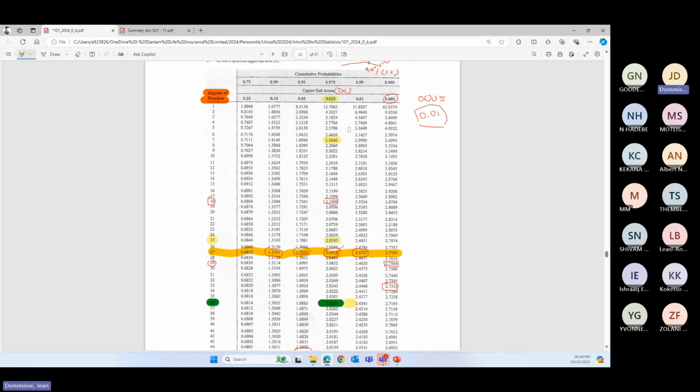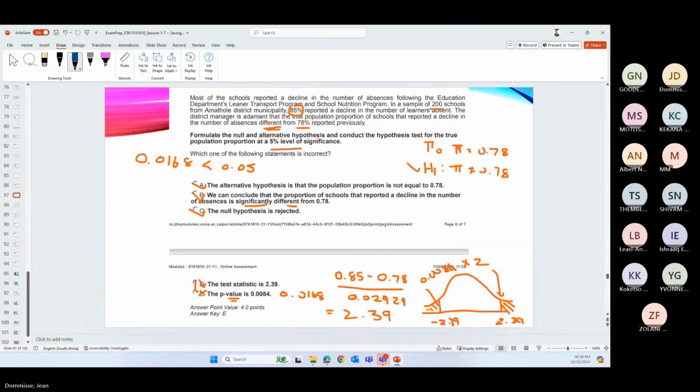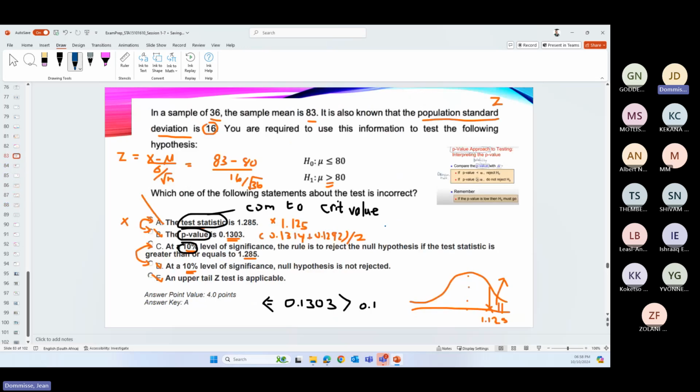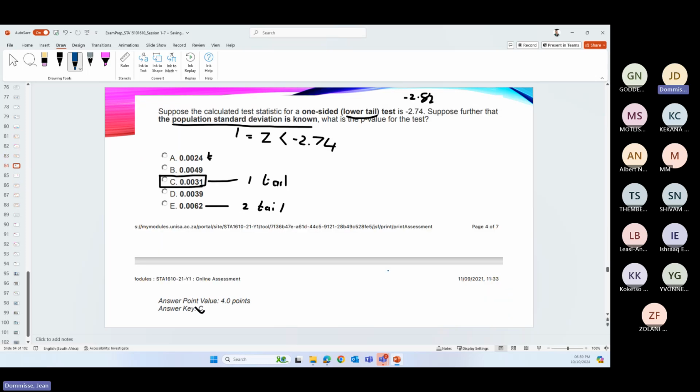So our p-value would have been smaller. So we would have rejected the null hypothesis.